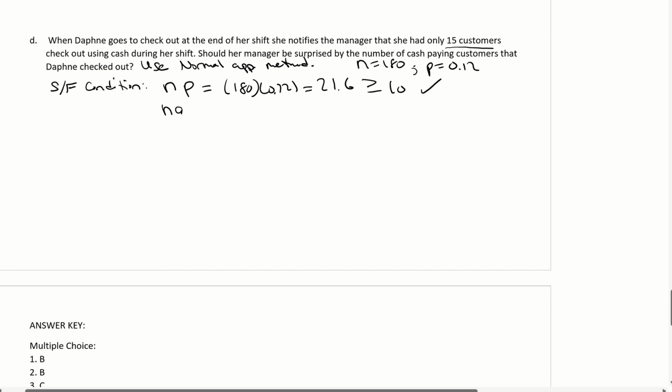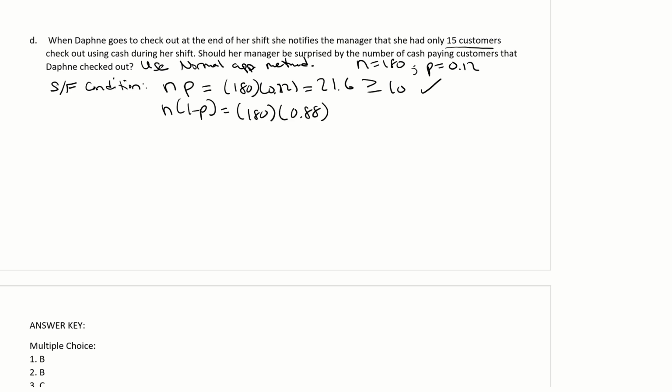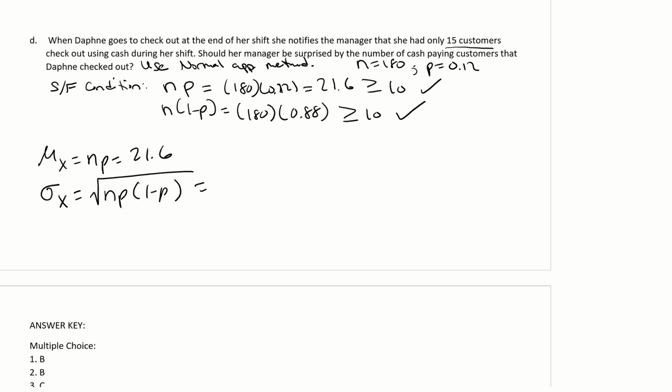And then we have n times 1 minus p, 180 times 0.88, which is definitely greater than or equal to 10. So we're going to use the normal approximation, now that this satisfies the condition. And so we know that μ_X is np, which is 21.6. The standard deviation is the square root of np(1 minus p), square root of 180 times 0.12 times 0.88, and that's 4.36.